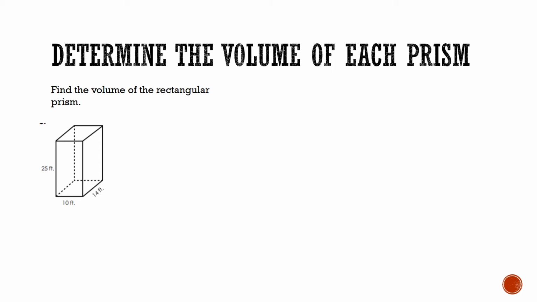Determine the volume of each prism. Remember, to find the volume of a rectangular prism, first of all, you have to know that this is a rectangular prism, so the base is going to be rectangles. So we will shade those in and highlight them. And then we start with, it's a prism, so we use volume equals area of the base times the height.